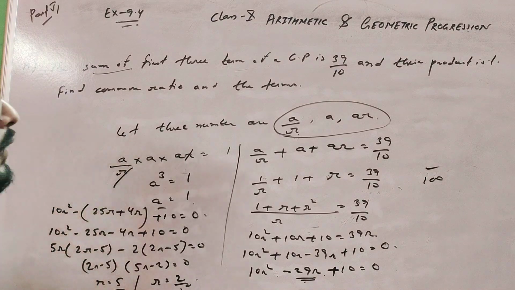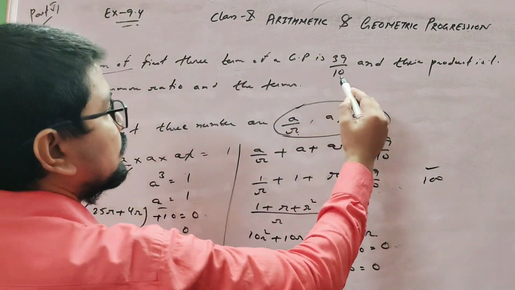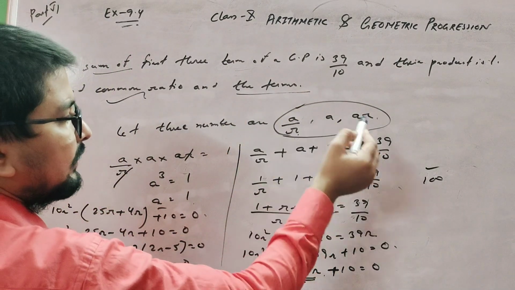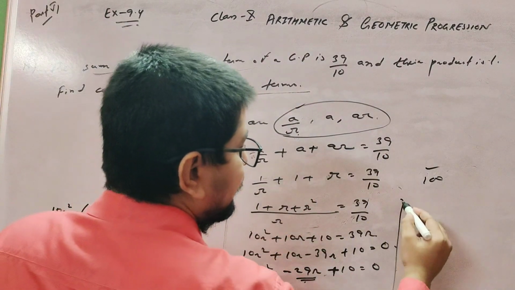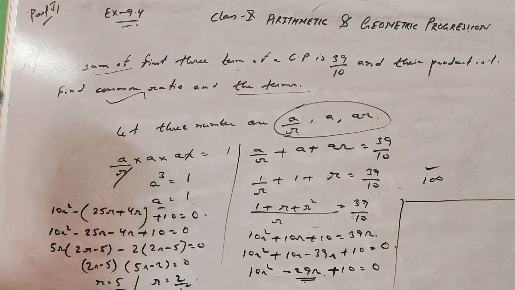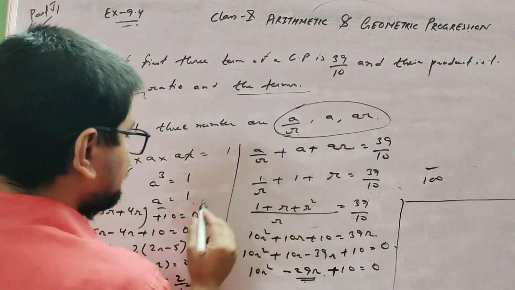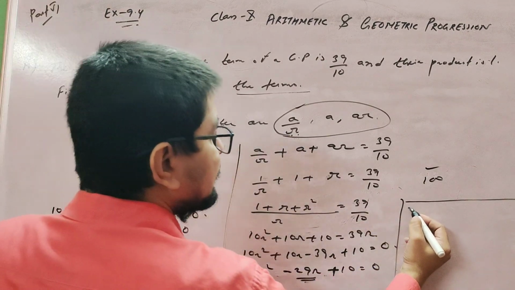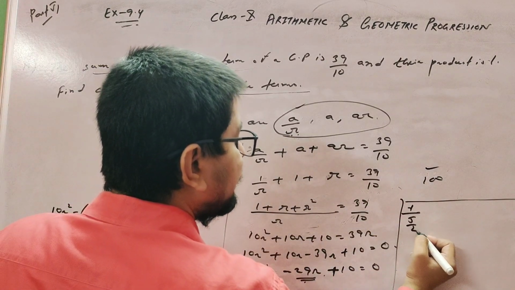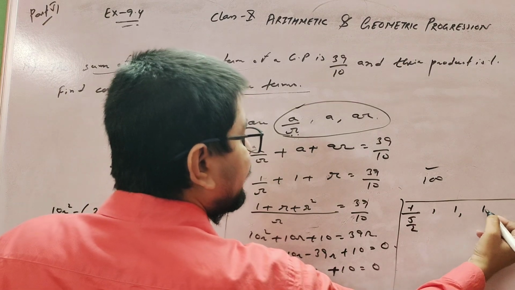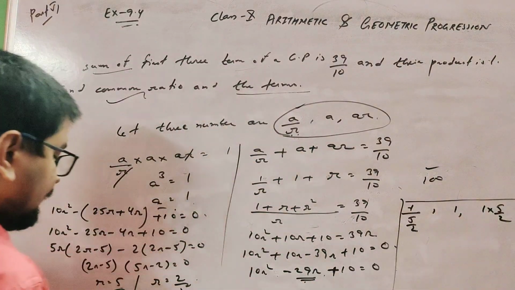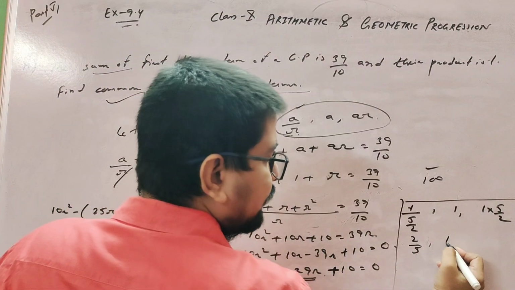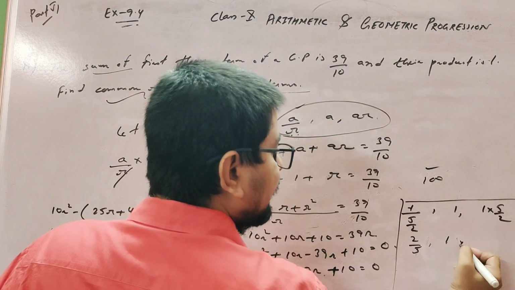So this is R. Okay, so our ratio has also come. Find the terms, that is, what are the three terms. If you take R as 5 by 2, A is 1 and the ratio is 5 by 2. So the answer is 1 divided by 5 by 2, 1, and 1 into 5 by 2. If you take R equals 5 by 2, then the terms are 2 by 5, 1, 5 by 2.